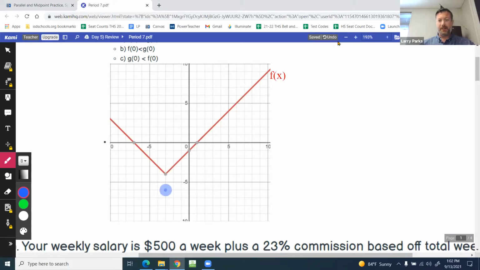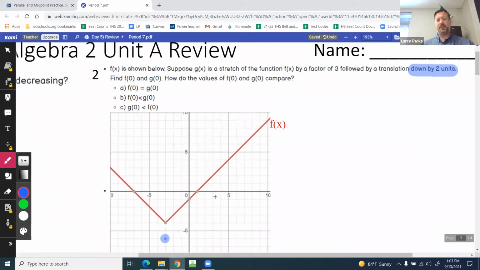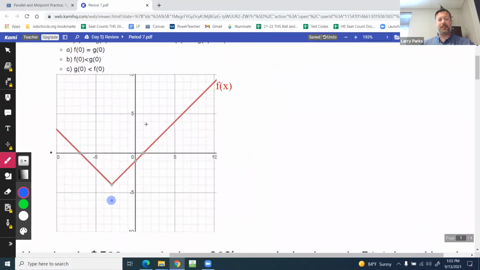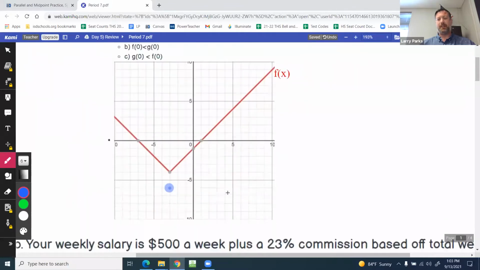If I get the right size, 6 maybe. So I moved it down 2. And then it also wants me to stretch it by a factor of 3. It used to be 1 over 1. So instead of it being 1 over 1, it's going to now be 3 over 1, because we're supposed to stretch it by a factor of 3.